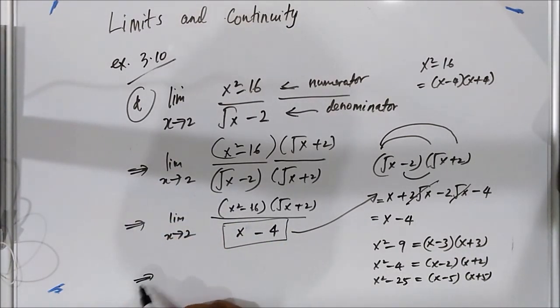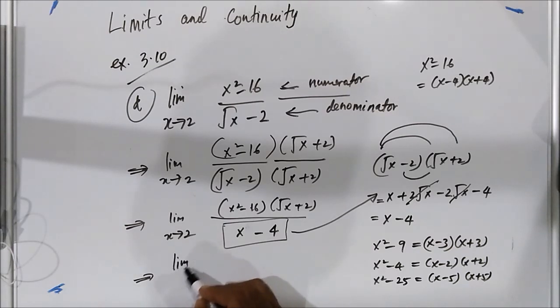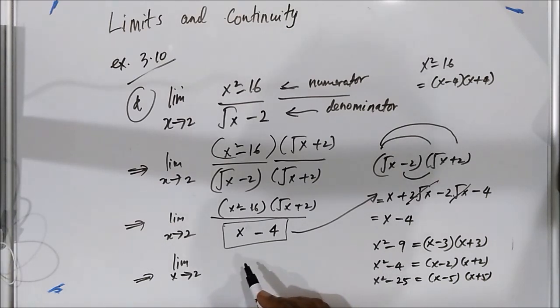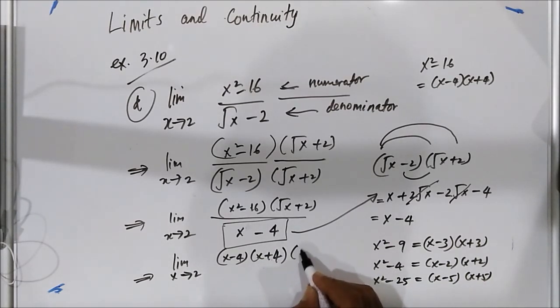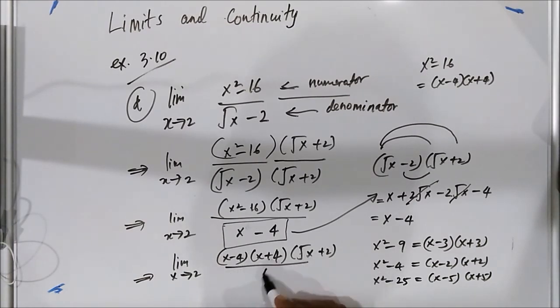This is equal to the limit of x approaching 2 of x squared minus 16, which is x minus 4 times x plus 4, multiplied by square root of x plus 2, divided by x minus 4. Now, x minus 4 and x minus 4 can be cancelled off here.